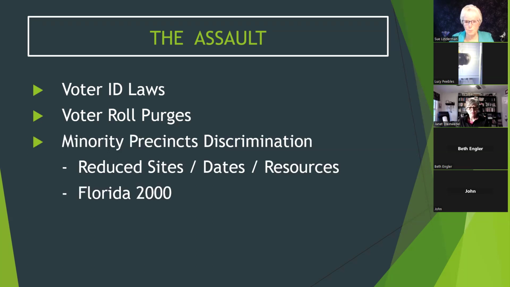In addition, states began taking aim at resources available for minority precincts. They began limiting early voting polling stations in different geographic areas, depending on the racial composition of the residents.